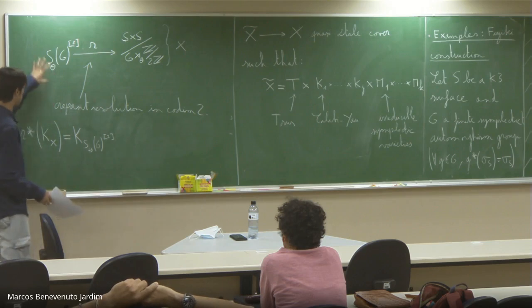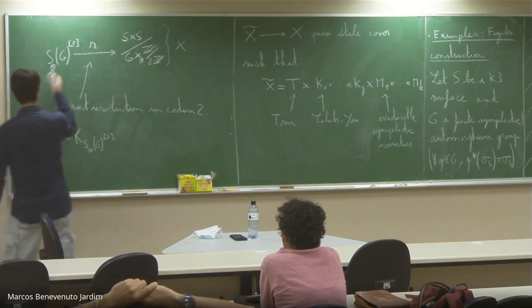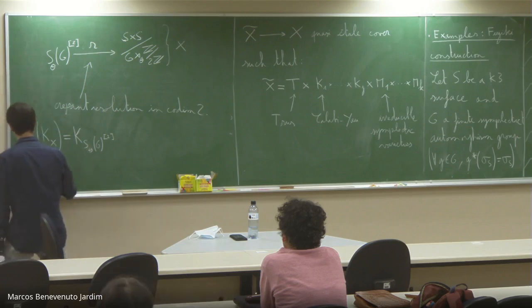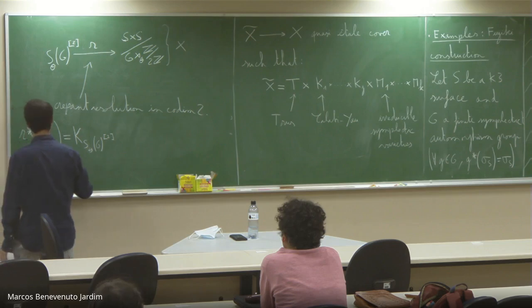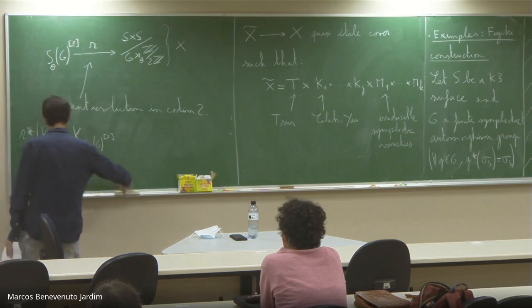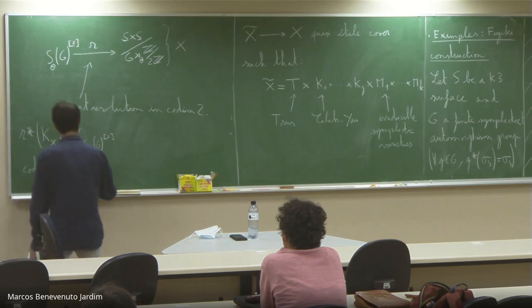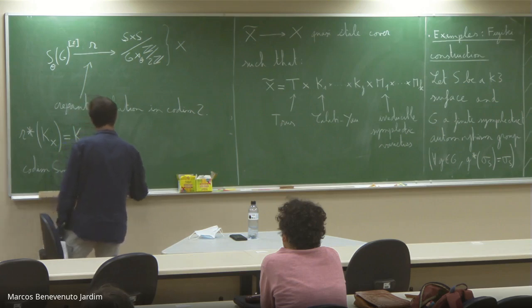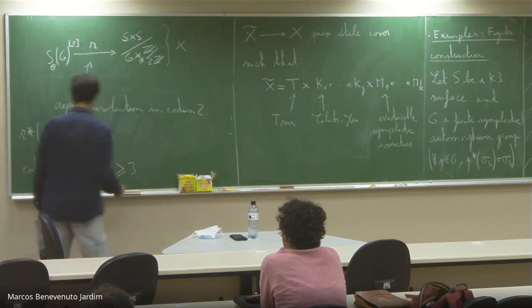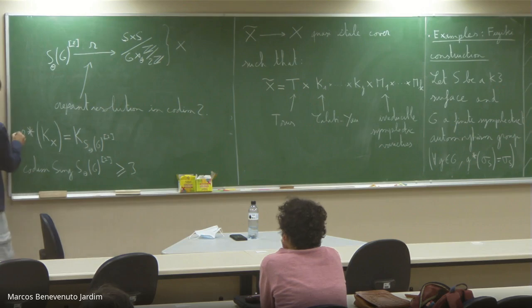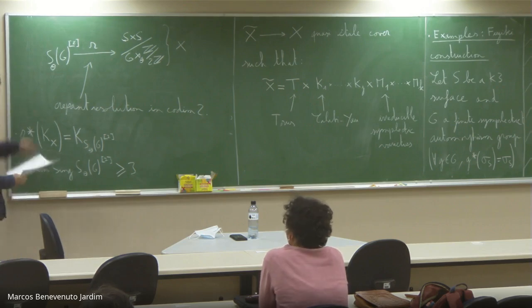It means that this will not have any more singularities in codimension 2, but it can still have singularities in bigger codimension, codimension bigger or equal to 3. So this is the condition here.